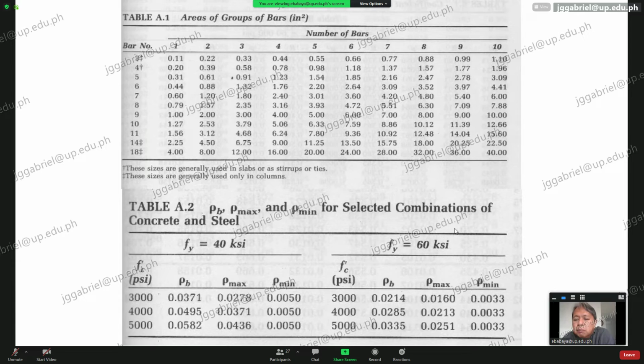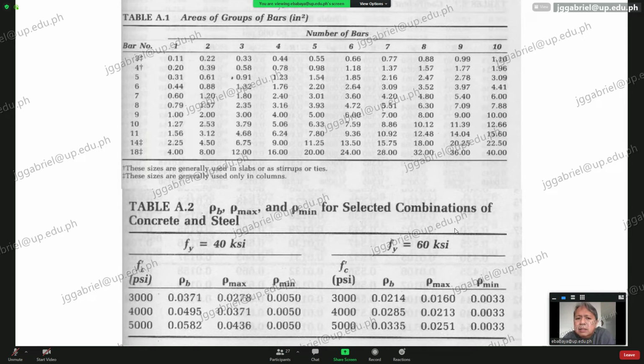And that is not a good practice. If there are voids inside the structural member, for example, the concrete can't get in even with a vibrator, there will be voids inside. So that will influence the strength of our structure.